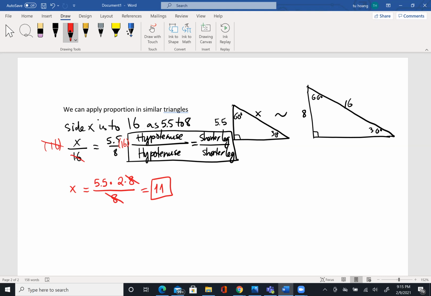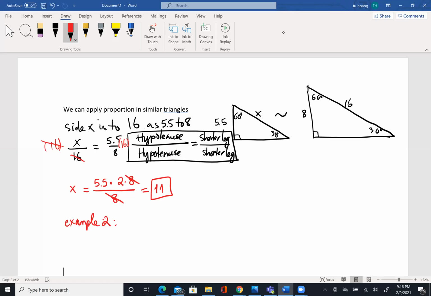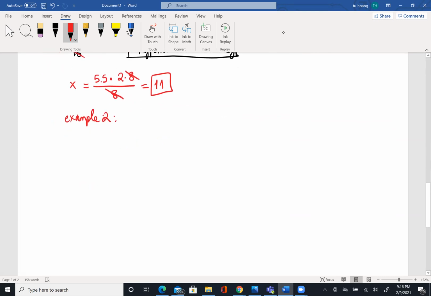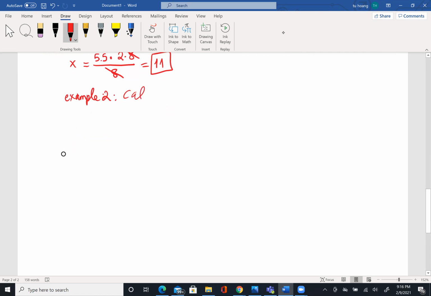Okay. So another problem, say example 2. Sometimes in real life, you want to measure or calculate the height of a tree, right?